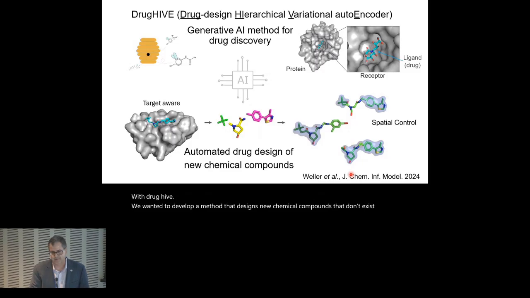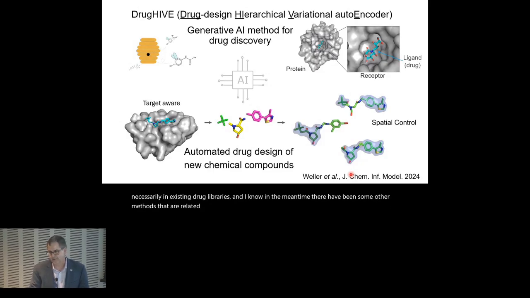And I know in the meantime, there have been some other methods that have a related purpose. But I believe that being restricted to existing drug libraries is potentially not enough for the future. I will also say using existing drugs has an advantage because these molecules are stable, usually they're not toxic, and they can be synthesized.